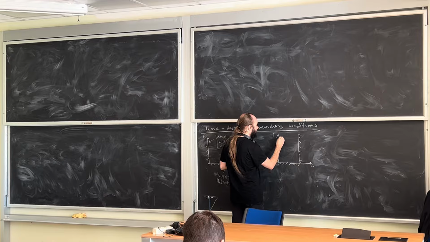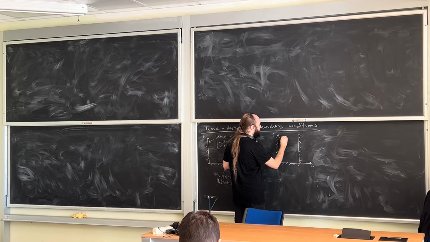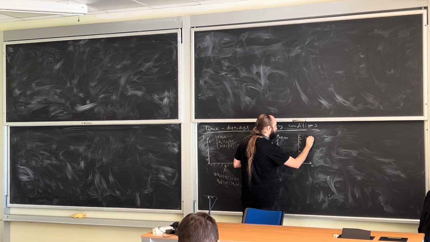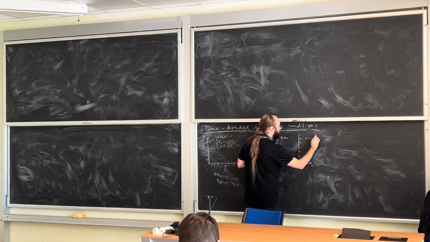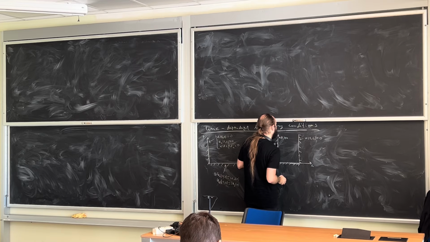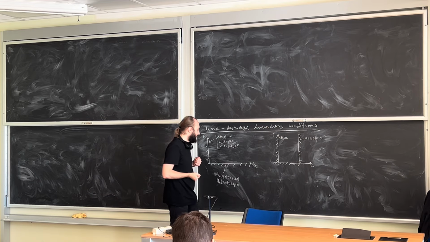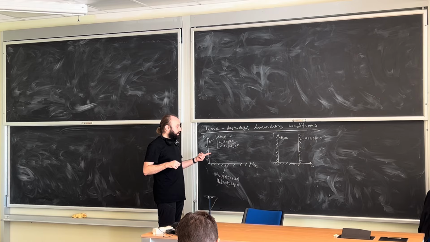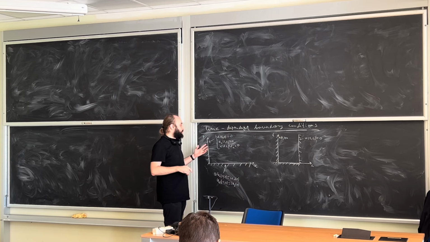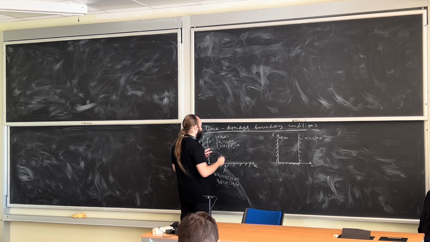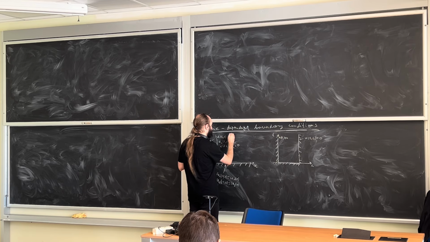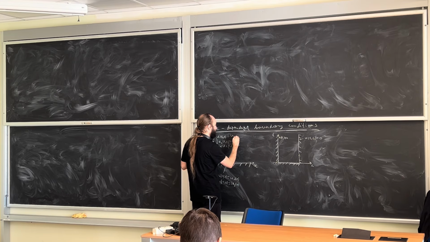Here we had u of t, 0 equal to 0, and here we had u of t, l equal to 0 again. So what to do to solve the general problem when we add arbitrary time dependence for these functions?